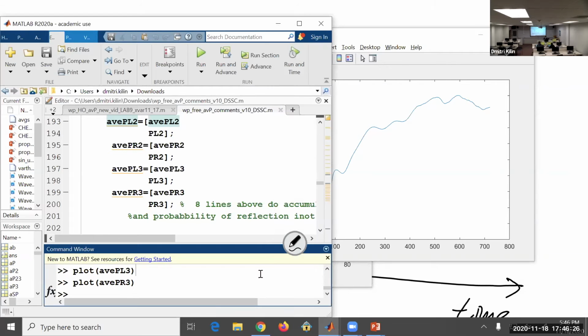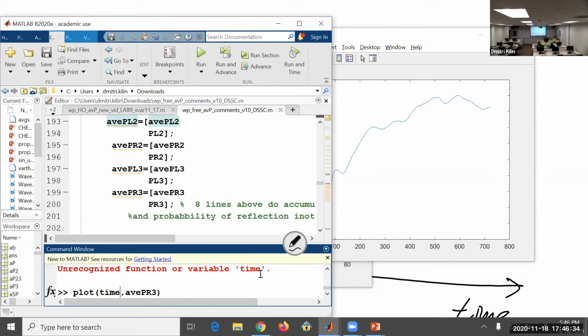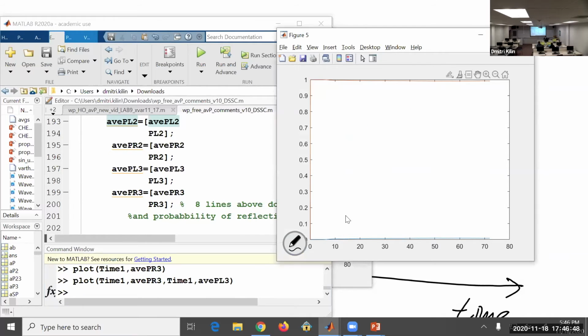So if I plot them simultaneously, you see this pathetic image where the human eye can't recognize.